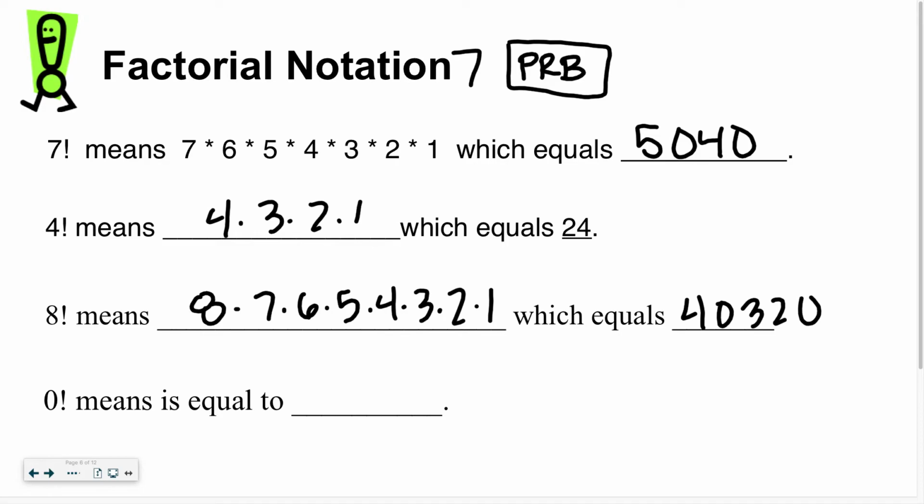Did anybody work ahead and do 0 factorial? What is 0 factorial? 1. Surprisingly 1. It's kind of a weird one, you know, like 1 factorial, yeah, we'd all agree is 1, but we don't usually multiply it by 0, so wouldn't that just be 0?